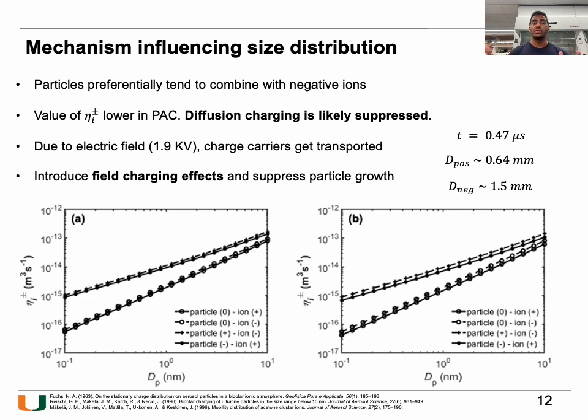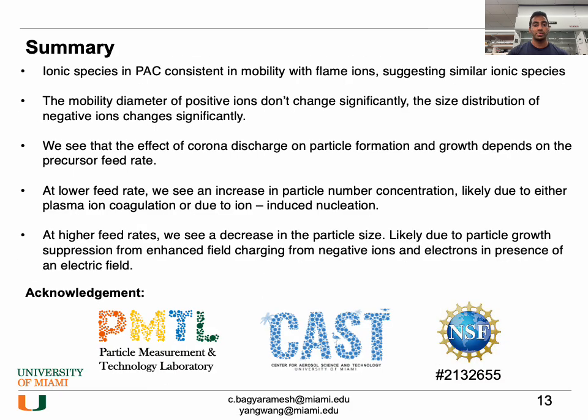But though the diffusion charging is likely suppressed in the presence of plasma, due to the high electric field that is present there, the field charging effects are greatly enhanced, and it's very likely that these enhanced field charging effects would overcome the suppressed diffusion charging, and this results in more particles being charged negatively, and the growth being limited by coagulation mechanisms.